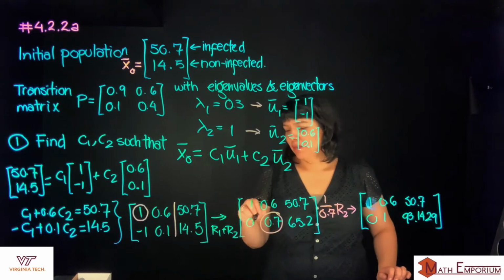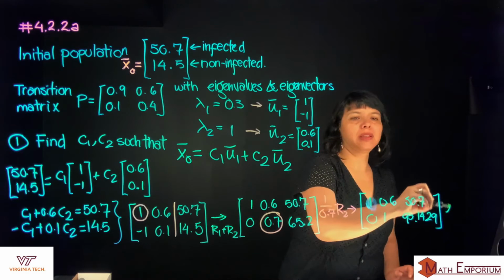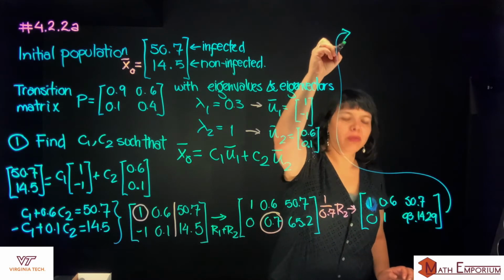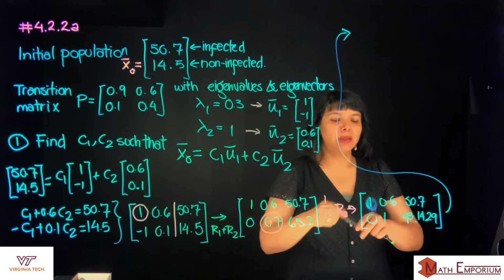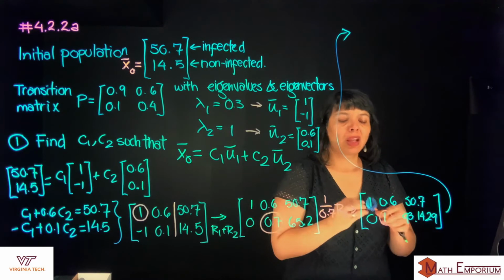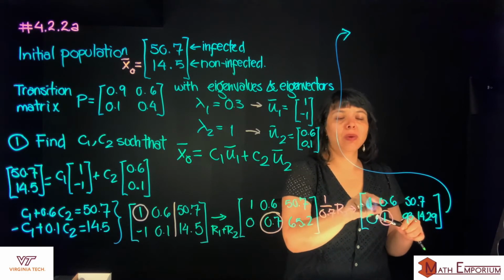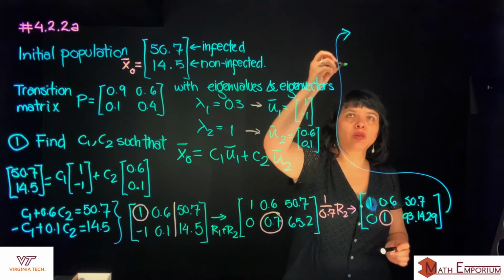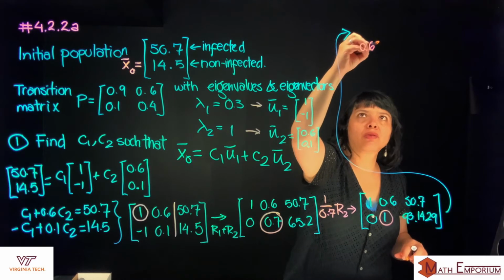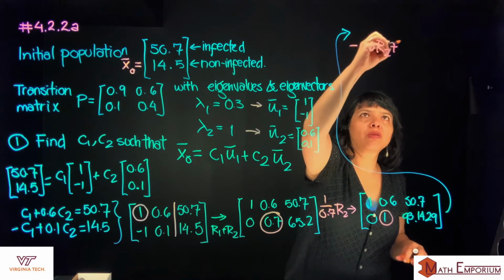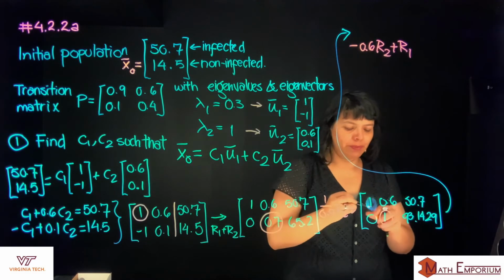Then finally, using this 1, I'm going to make this 0.6 a 0, so that means that I'm going to do minus 0.6 row 2 plus row 1, and that goes to row 1.